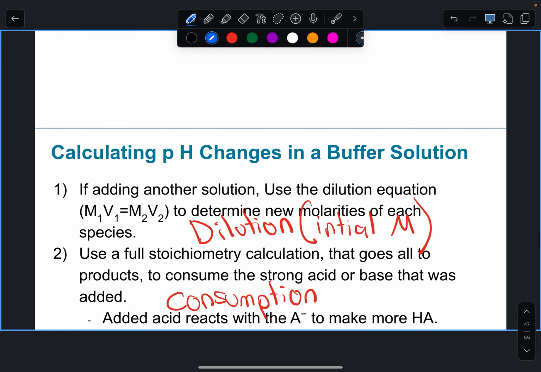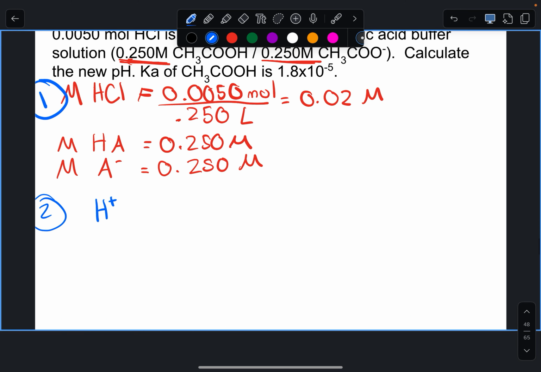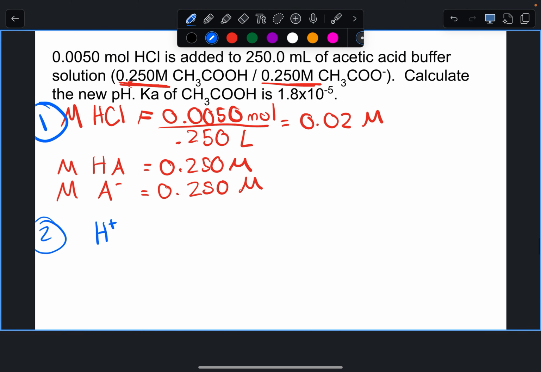So in this instance, since we're doing H plus, or an acid, we're going to react it, sorry, let me write that in red, with the conjugate base, or A minus. So you could write this as A minus or you could write it as the actual conjugate base.